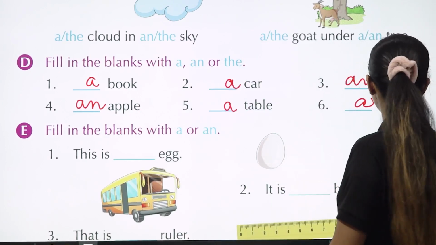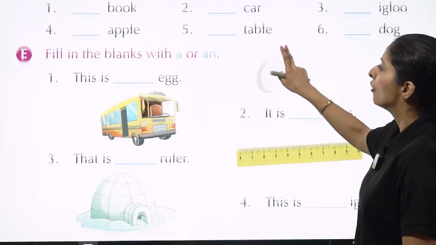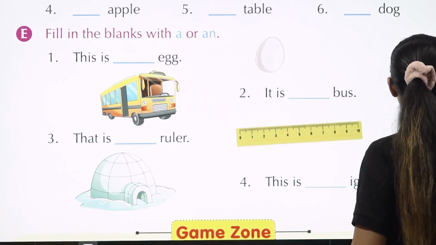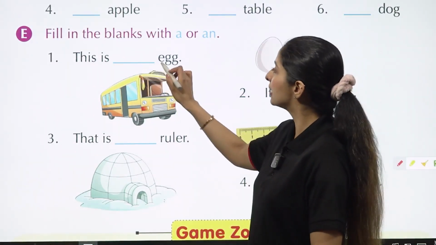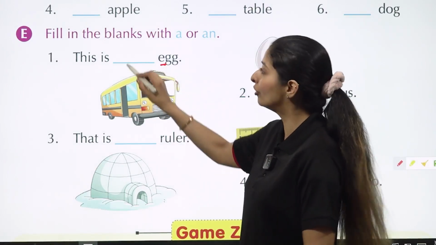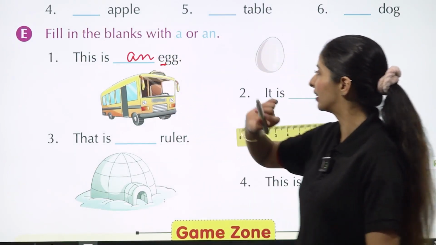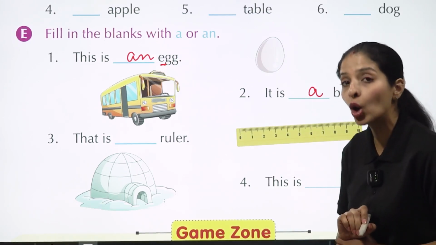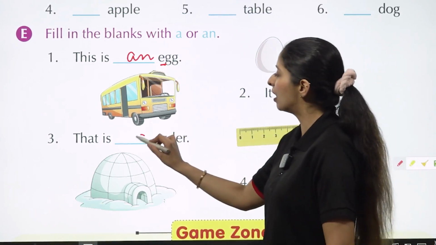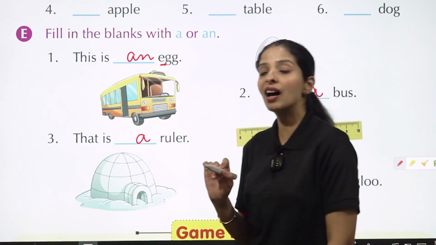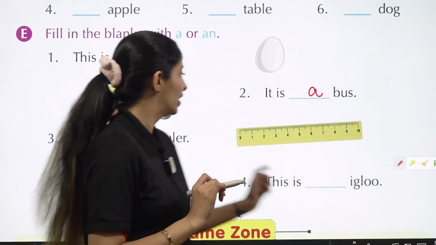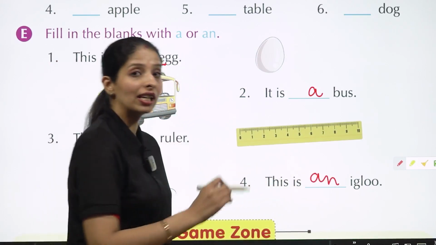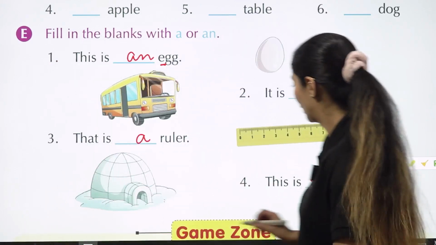Now fill in the blanks with a or an. E is a vowel, this is an egg. This is a bus because B is a consonant. This is a ruler because R is a consonant. This is an igloo because I is a vowel.